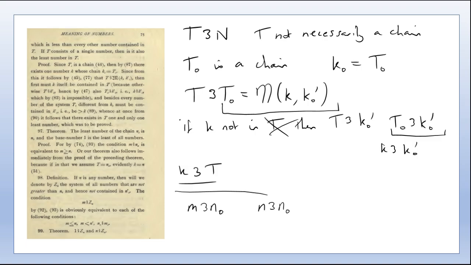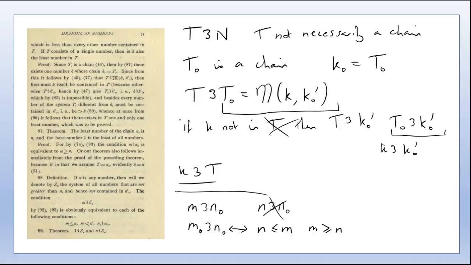Okay, so if M is a part of N0, then M0. Sorry, by theorem 74 it also follows that M0 is a part of N0, and therefore by 93, this is equivalent to, I've got to get this the right way round, N is at most equal to M, or alternatively, because it's the other way around here, M is at least equal to N. So we didn't really need that actually.